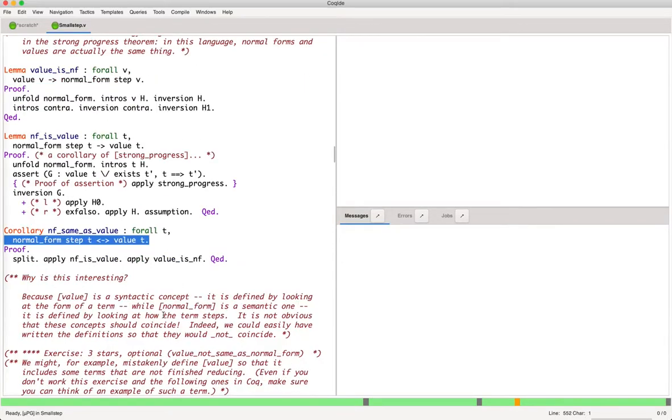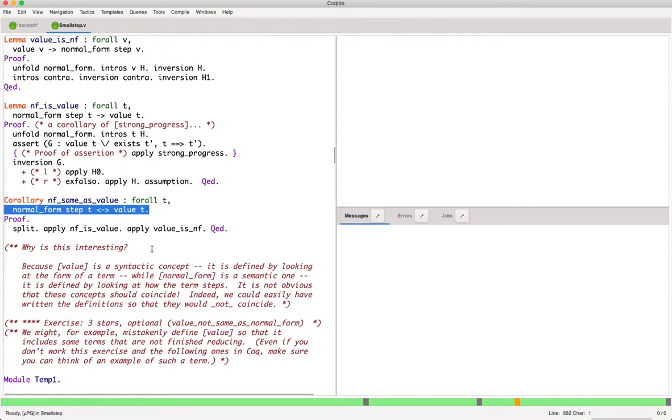So, as they say here, the thing that's interesting is that the notion of being a value is just a syntactic thing. It's just saying, well, everything that's a constant is a value. That doesn't necessarily mean that the evaluation semantics, the step relation, is always going to end up in a value.